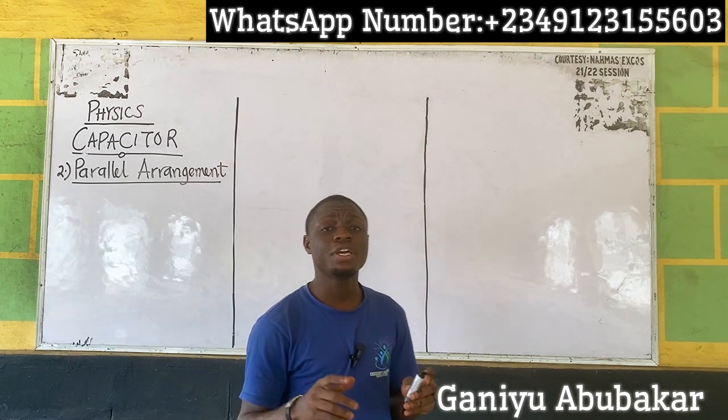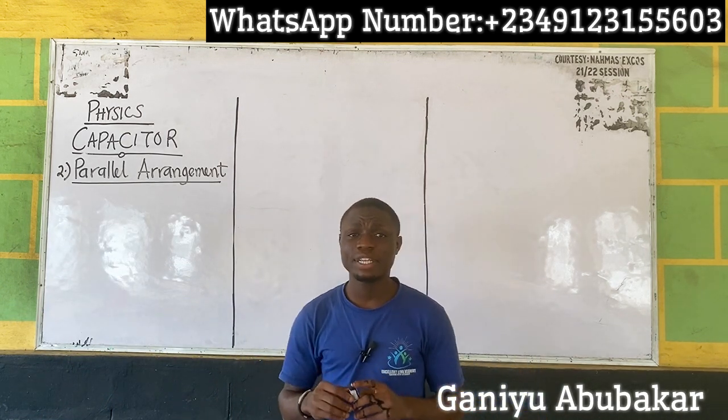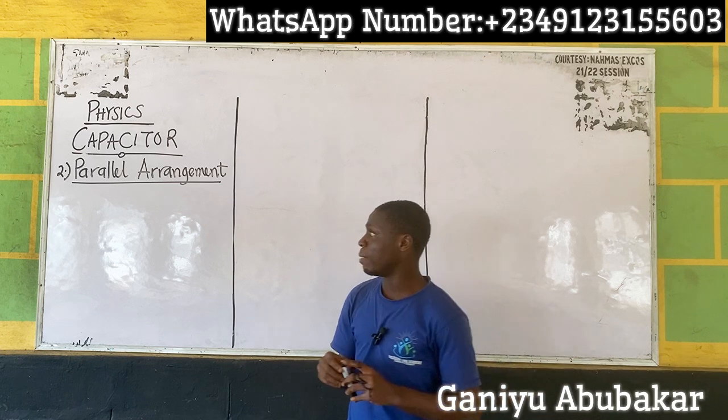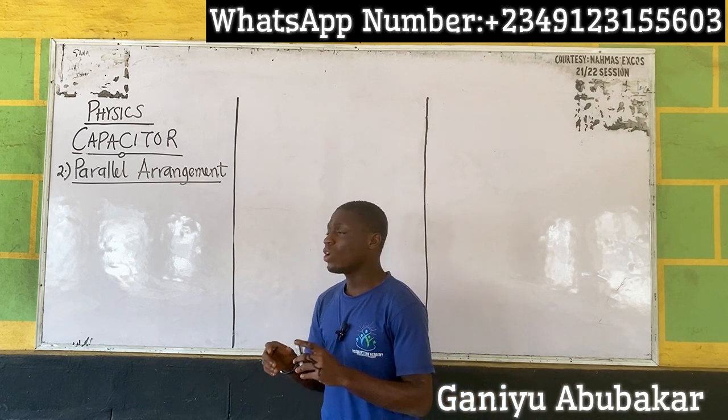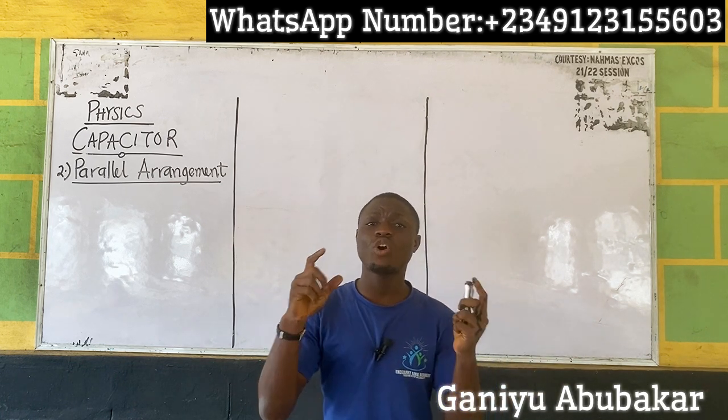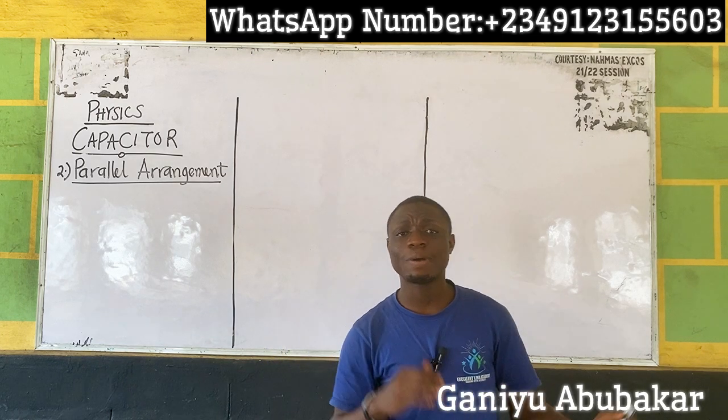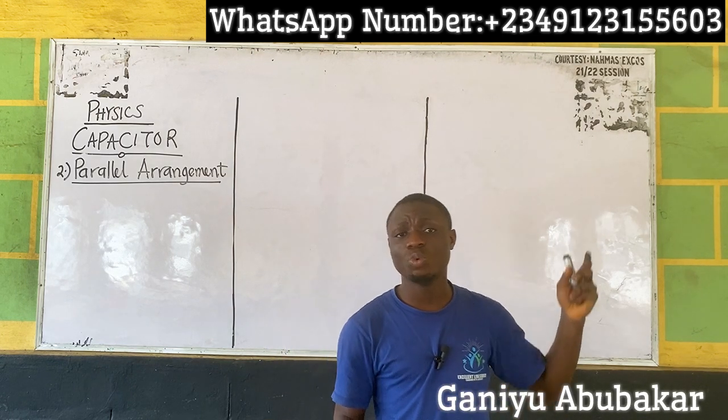For parallel arrangement, the circuit symbol first. By definition, a parallel arrangement of capacitors is simply the side-by-side arrangement, right? So when it comes to parallel arrangement, it's simply a concept that has to do with side by side. The series has to do with end to end.